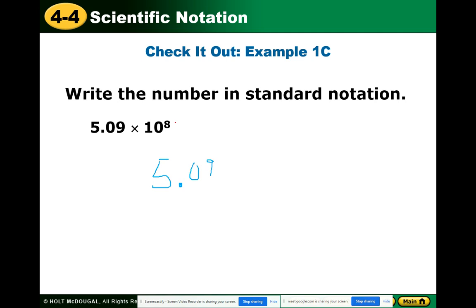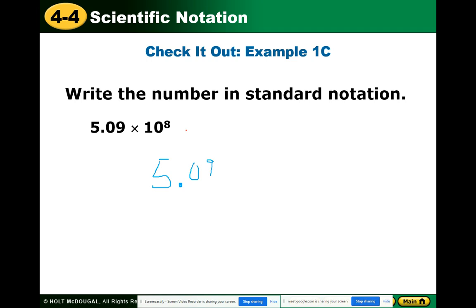Positive. So Michaela's was negative and it got smaller. Trenton's was positive and it got bigger. So if yours is positive, what do you think is going to happen for you? No, it's not. Because 10 to the 8th power is the same as 10 million. You're taking something times 10 million. Is it going to be bigger or smaller, Connor? Bigger. Anytime the exponent is positive, Connor, the number is going to get bigger. If the exponent has a negative in front of it, then it's going to get smaller, okay?